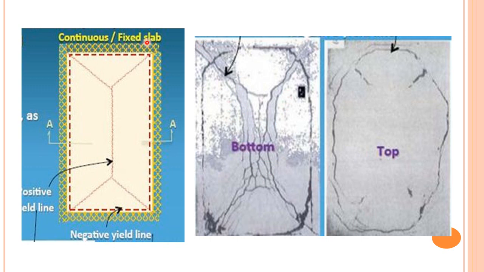Next, the negative yield lines form at the supports, at the edges and boundaries, and they form at the top of the slab. So this is a practical test. These are the slabs tested for yield lines in the lab.